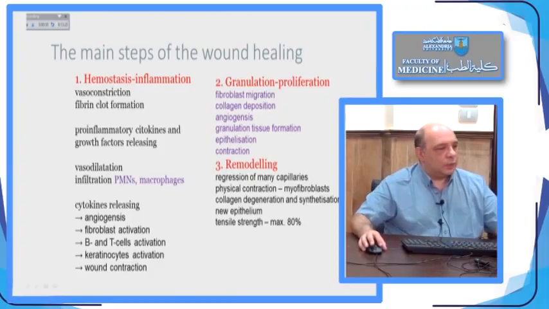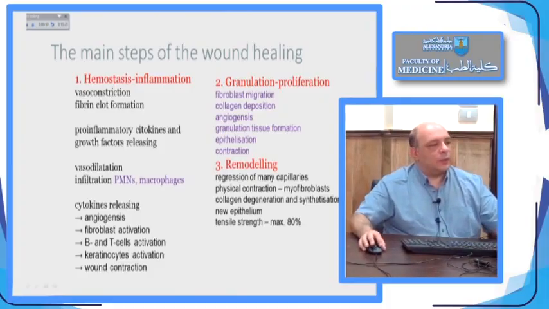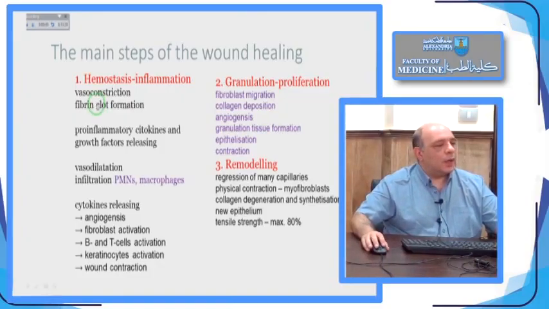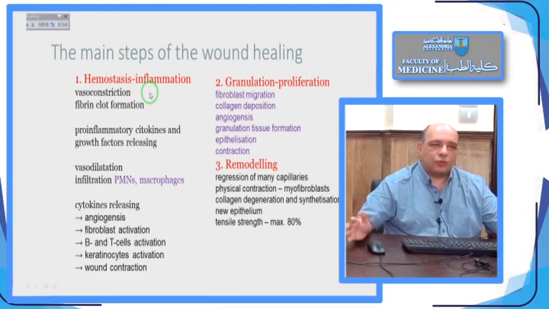The first event, or the first stage in wound healing, has to be either hemostasis to stop the bleeding, what happens when you cut the skin, and inflammation. So it has both terms, the hemostatic inflammatory phase.